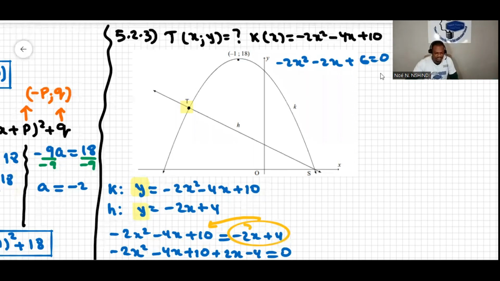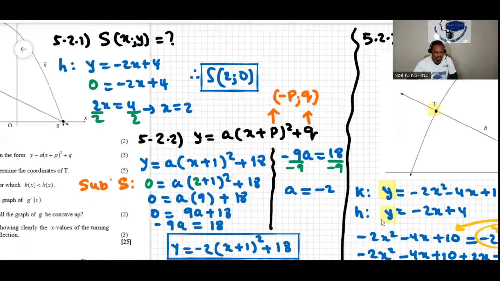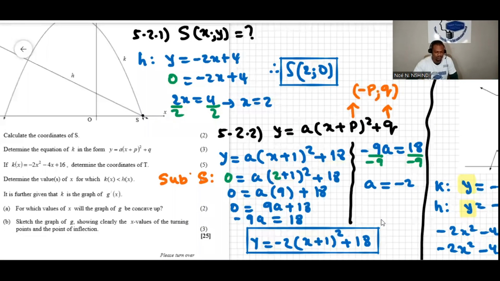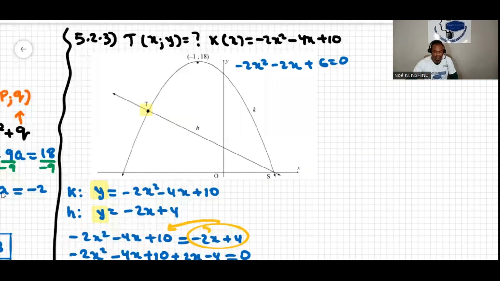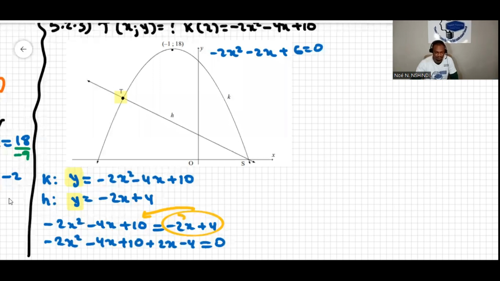Hold on a second, I just want to double check here. Oh, sorry, it was 16, not 10.